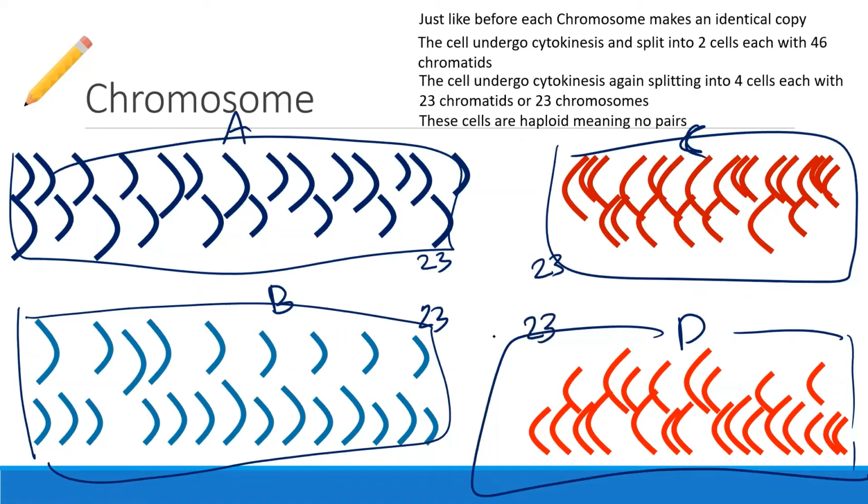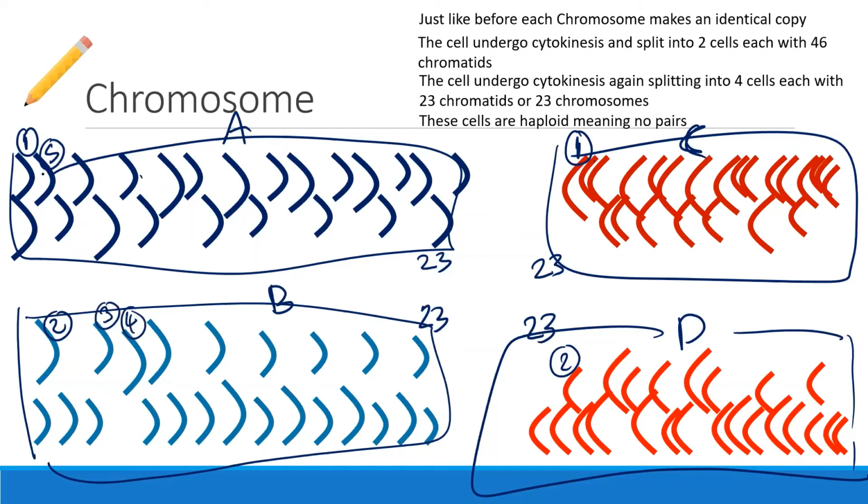But what makes this difficult is now they're no longer exactly the same. Let's have a look here. For example, here we've got chromosome 1, right? Over here we've got chromosome 1, but these two don't have chromosome 1. This one has a chromosome 2, this one has a chromosome 2, but neither of these two have a chromosome 2. Maybe this one's got chromosome 5, and this one's got a chromosome 3 and a chromosome 4.